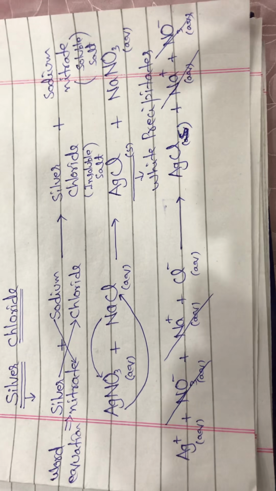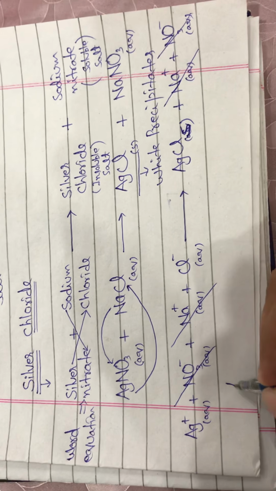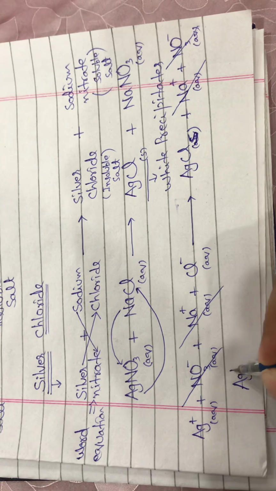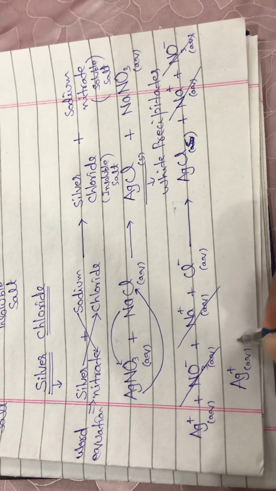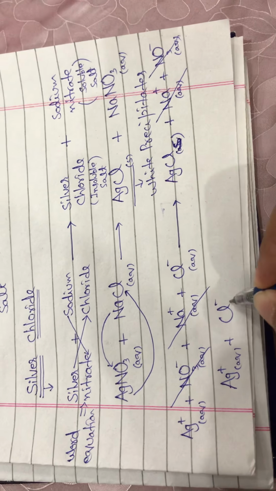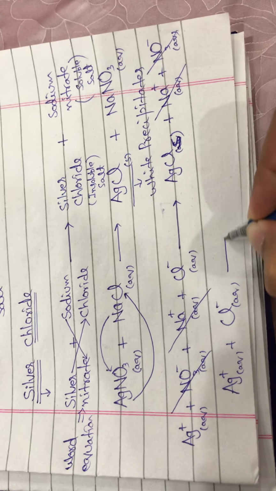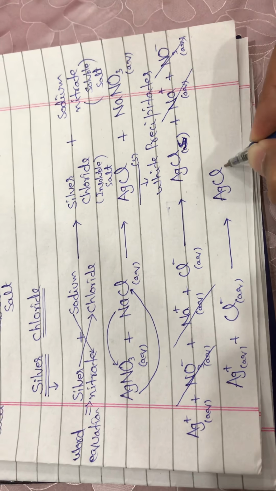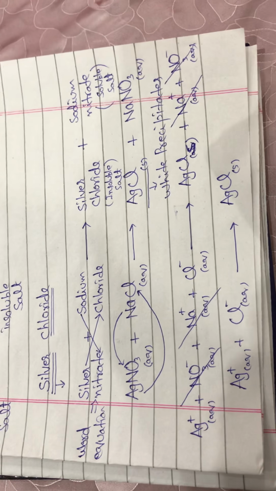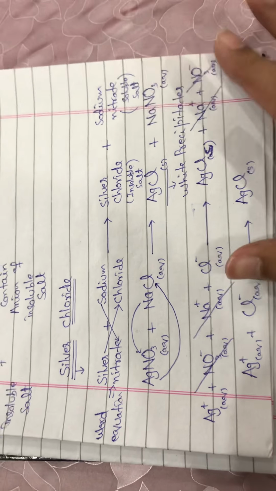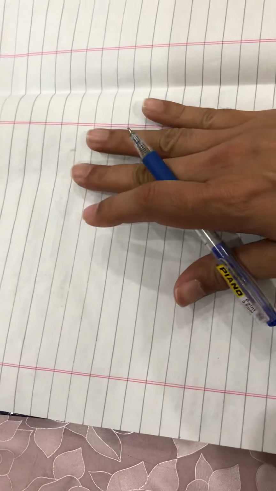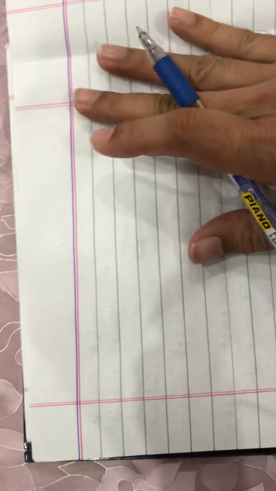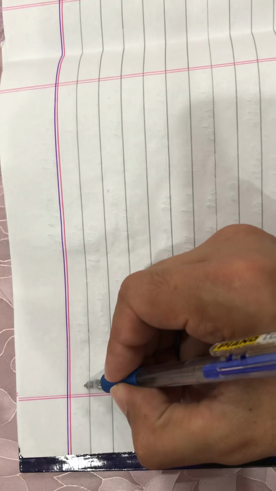Now the net ionic equation will be the silver ion combining with the chloride ion to produce our resultant product, silver chloride precipitate. We can take another example, and it could be barium sulfate.